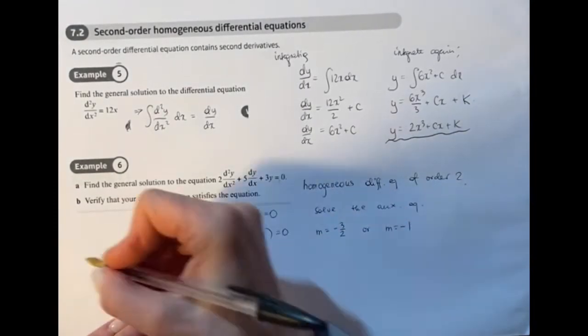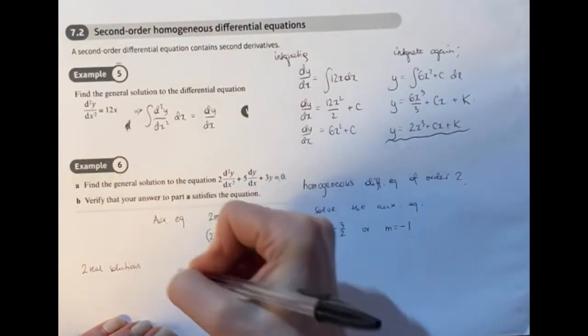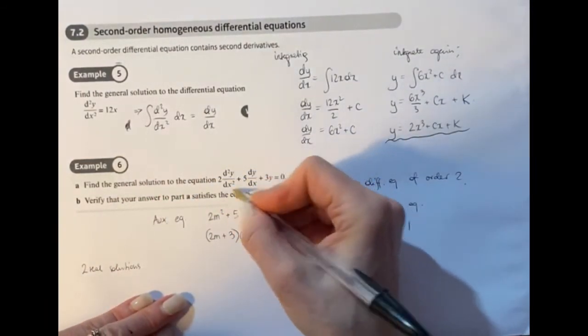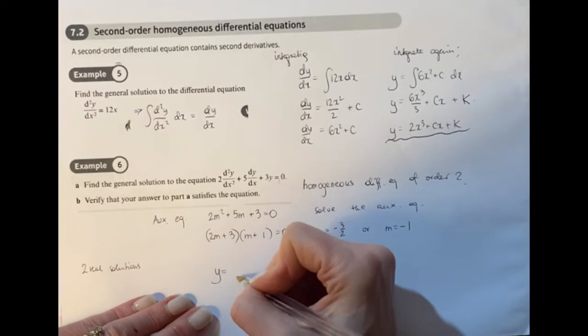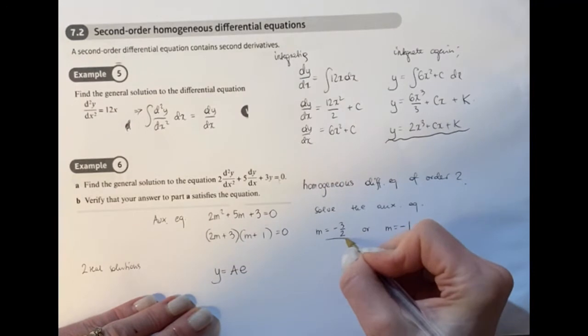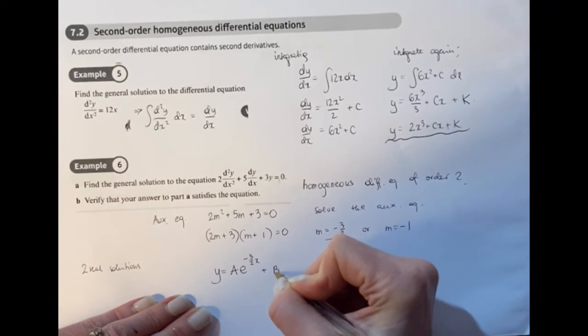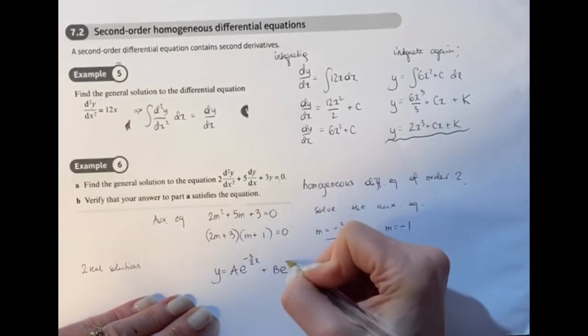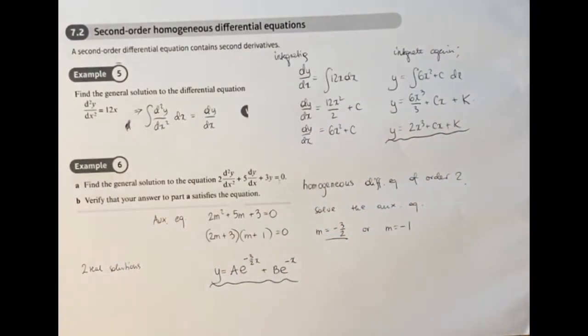So if there are 2 real solutions, then the solution to this equation is going to take the following form: y equals a times e to the power of the first root, minus 3 over 2 x, and then plus b e to the power of the second root. And that is the general solution to this second order differential equation.